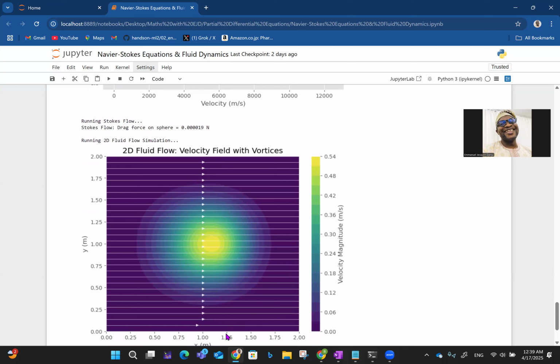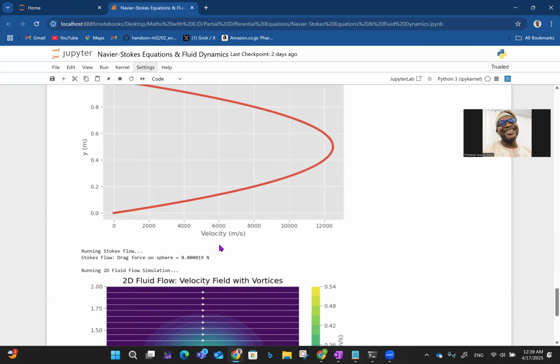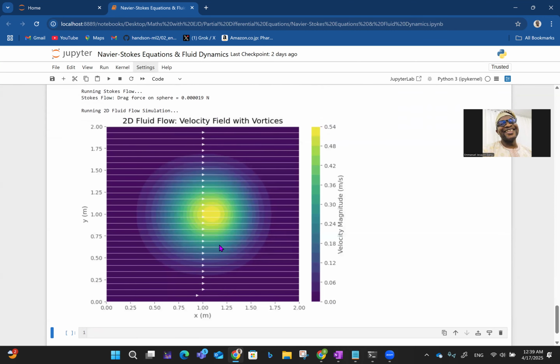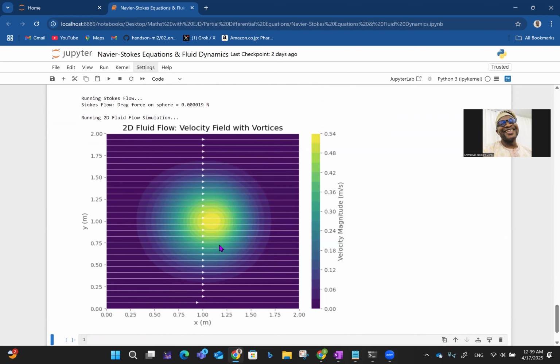But here you have a velocity field with vortices for Stokes flow. This yellow area shows where you have high velocity magnitude, but all those dark places are where you have very slow motion of fluid, and in the center you have the motion very strongly.